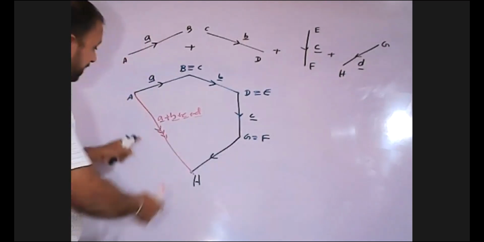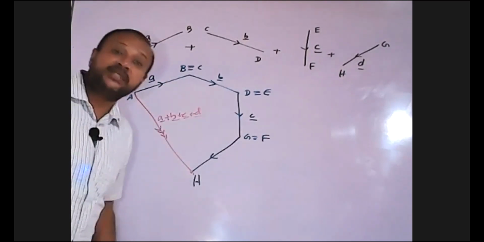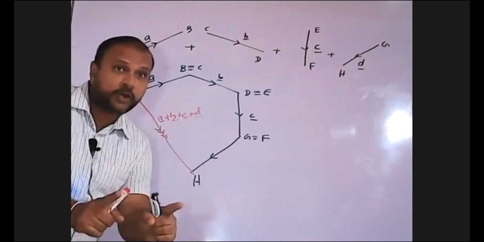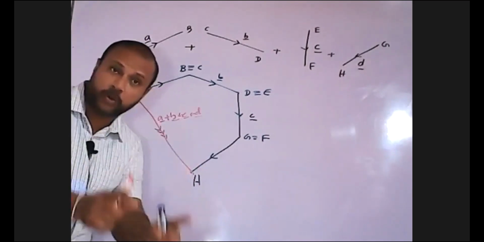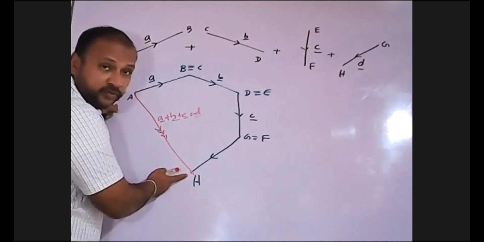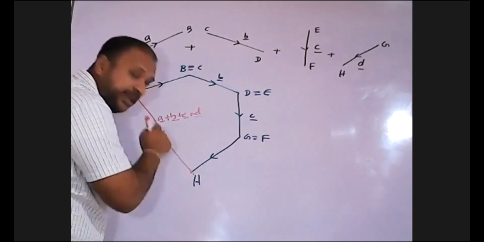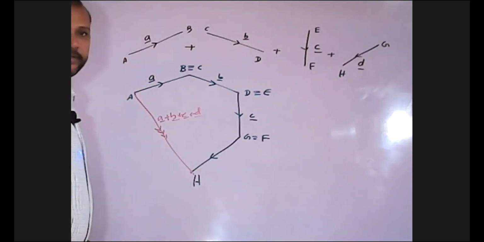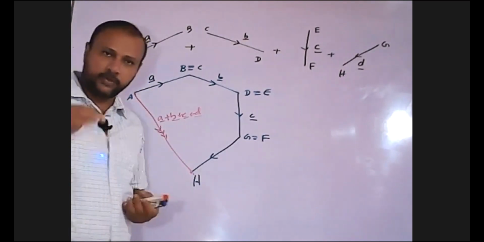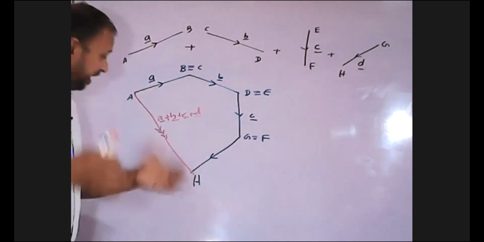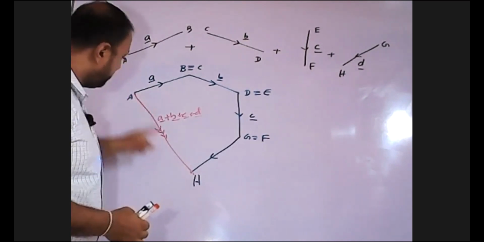That means the magnitude of the resultant vector is equal to the gap between the starting point of the first vector and the end point of the last vector. Do you understand that one?